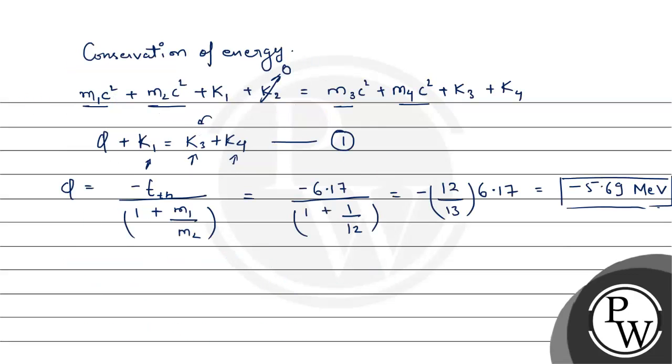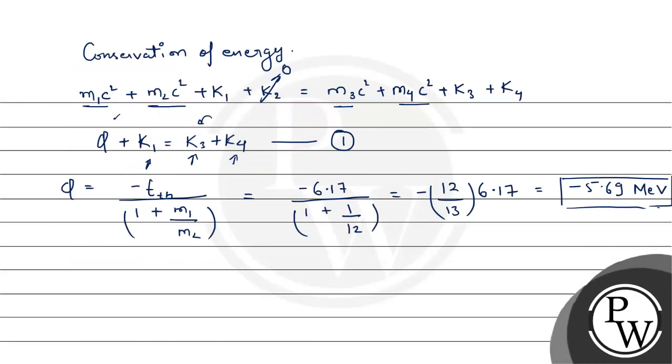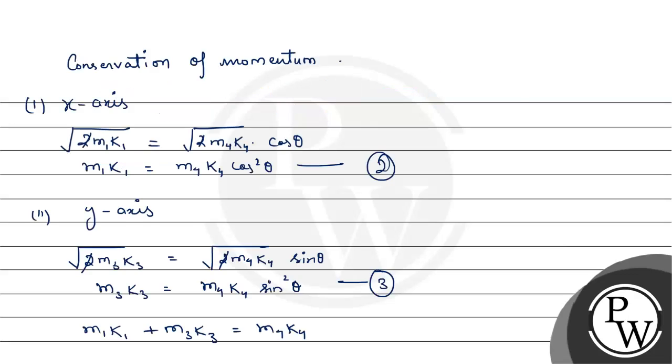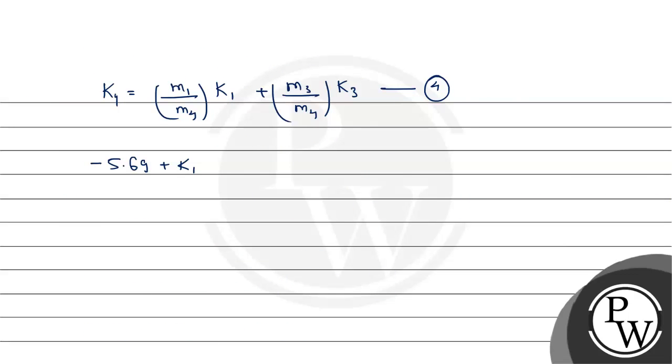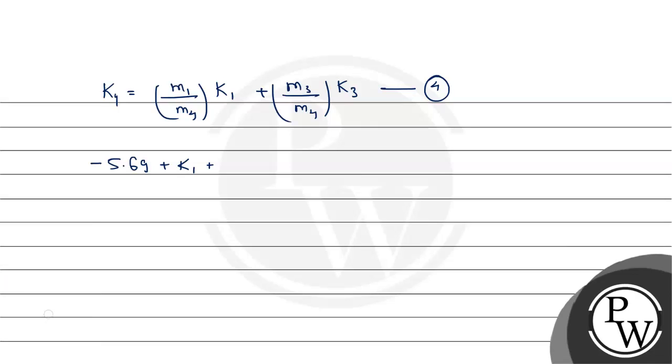So putting this value in equation 1, and putting the value of Q, which is minus 5.69 as we have found out, we get minus 5.69 plus k1 is equal to k3 plus m1 upon m4 k1 plus m3 upon m4 k3.